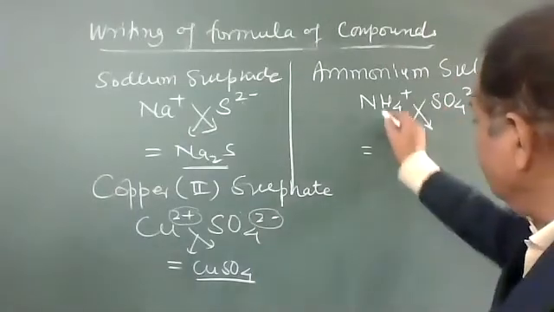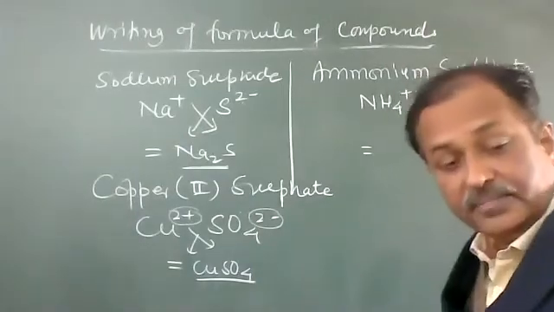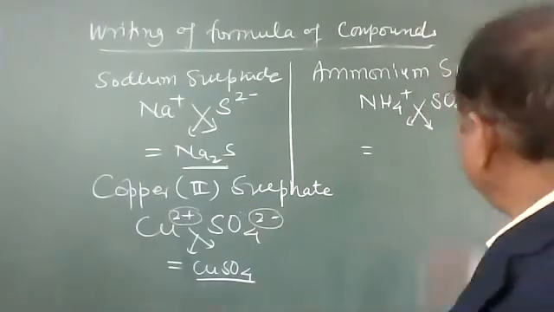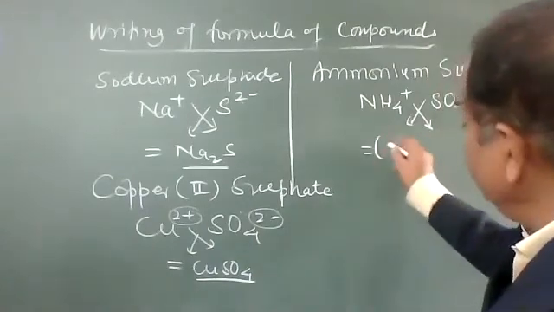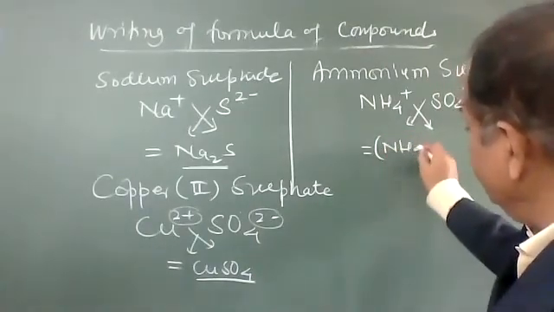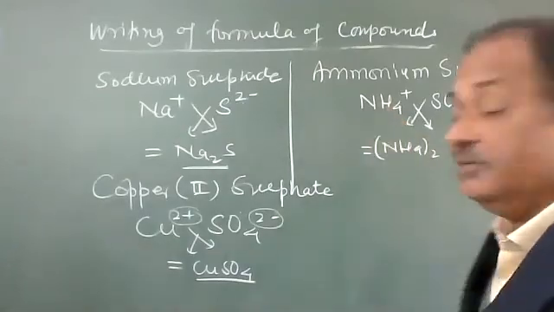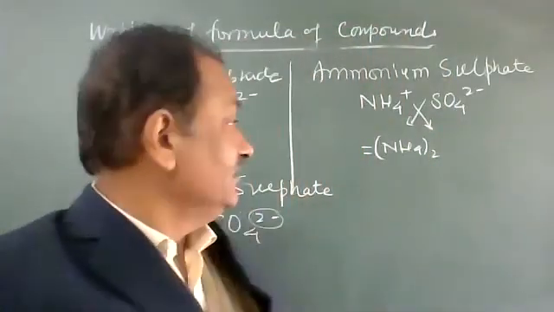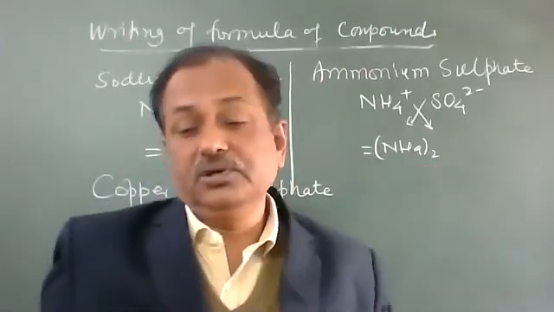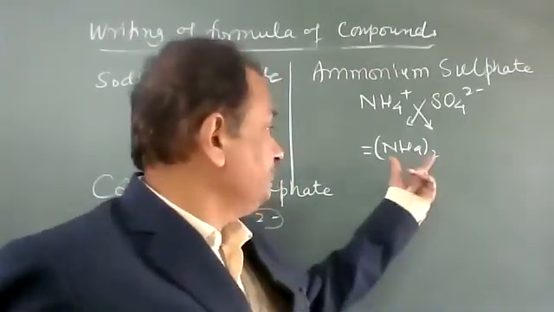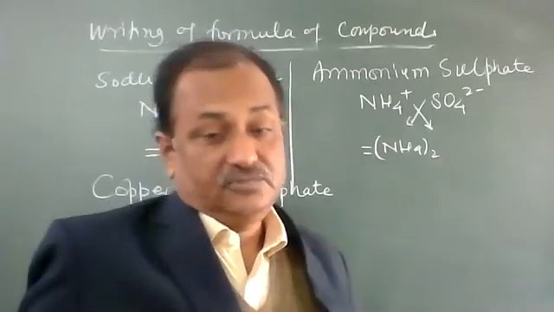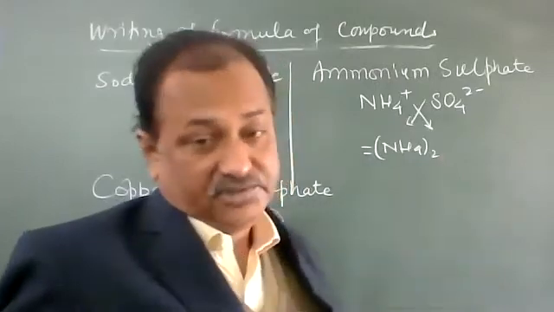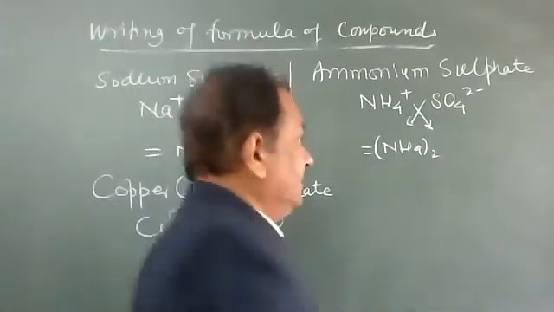Here NH4 has a charge of 1, but it will be kept in brackets because the NH4 ion is made up of 2 different elements. It is a rule that if any ion is made up of 2 or more elements, then we put it in a small bracket and the digit comes below right.